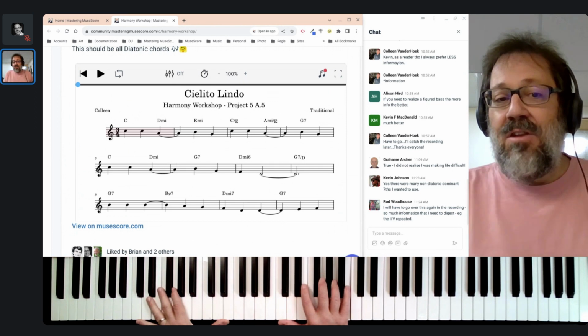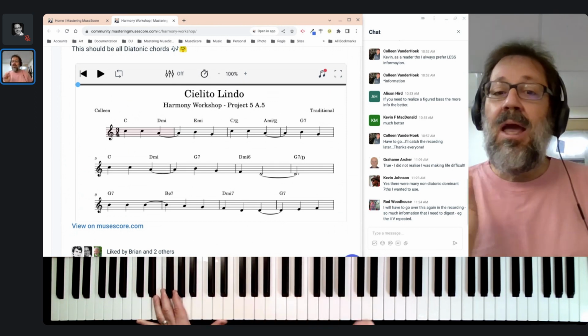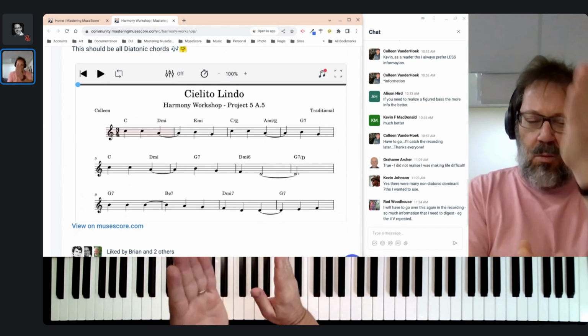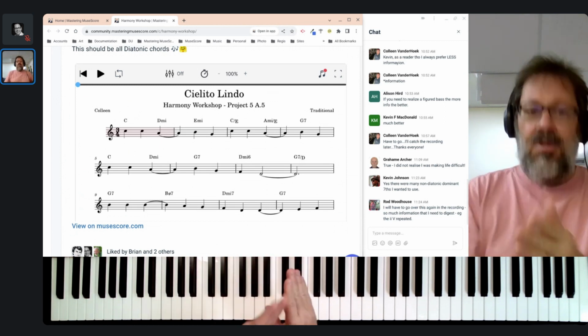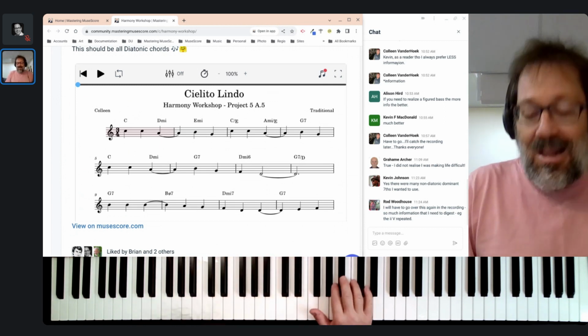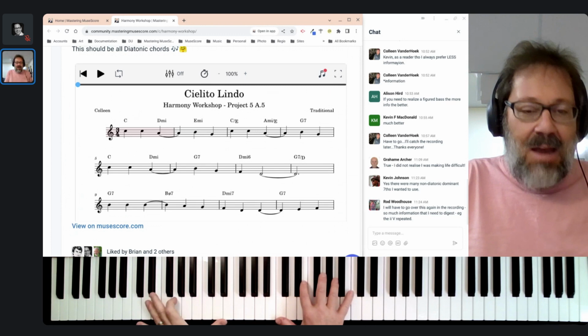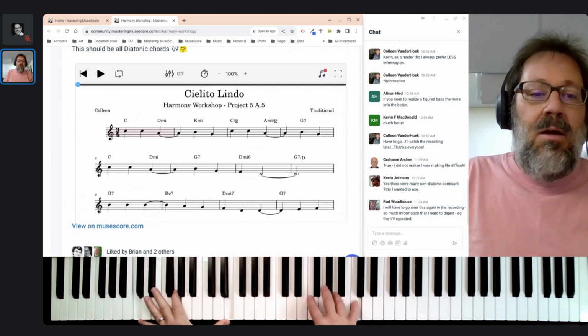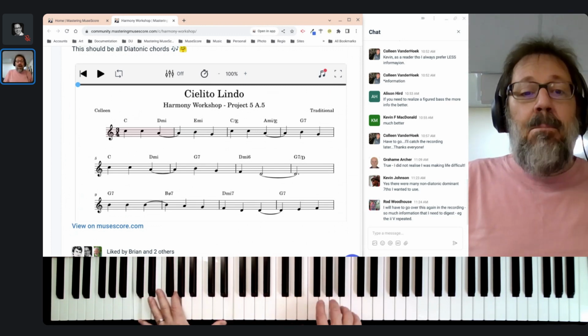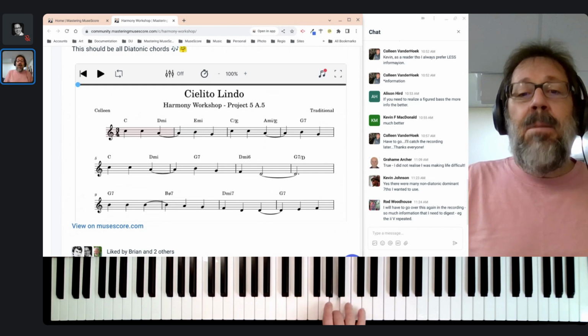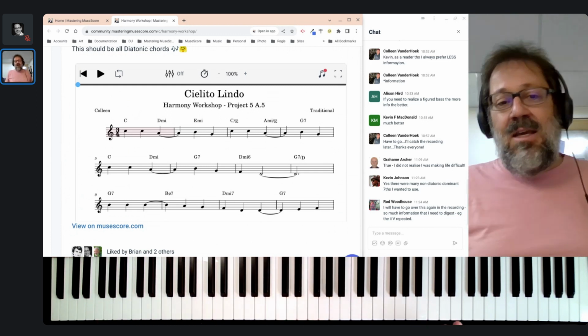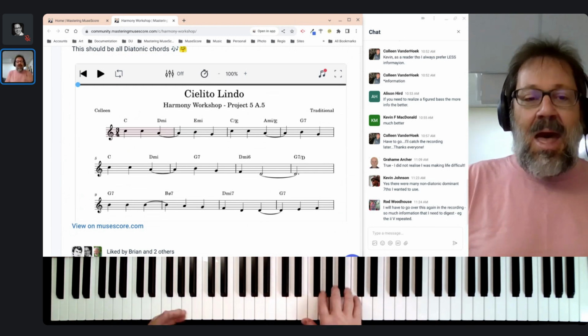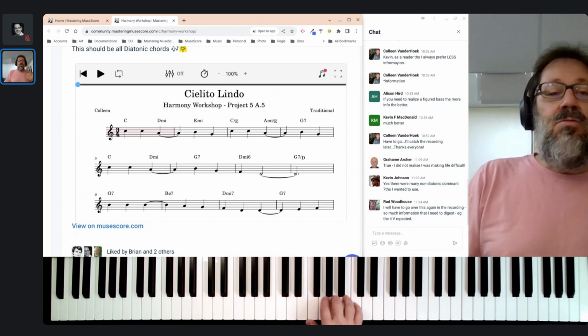This is another one that's in 3/4, so it has that complication already. Where do we put the second chord in a measure? But it's syncopated. It's a Latin American, a Mexican folk song. It uses a technique called hemiola right off the bat, so that it feels like it's in 2/4.